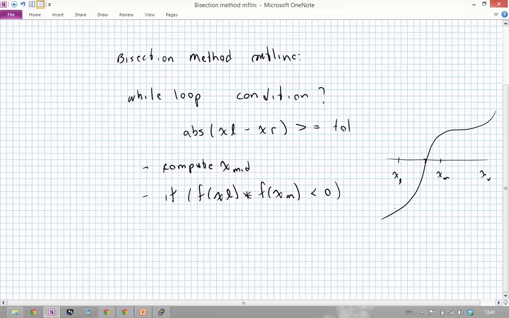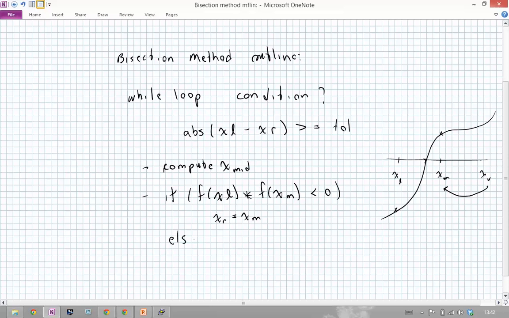F of xl is this value down here. F of xm is this value up here. When I multiply those two together, positive or negative? It's negative because they have different signs. One's above the x-axis, one's below the x-axis. What that means is the crossing has to be on that side. And so we take the right endpoint and move it to the middle and start over again. So in this case, xr equals xm.